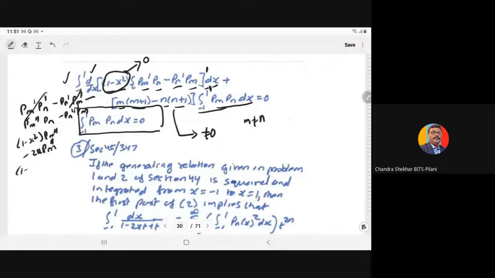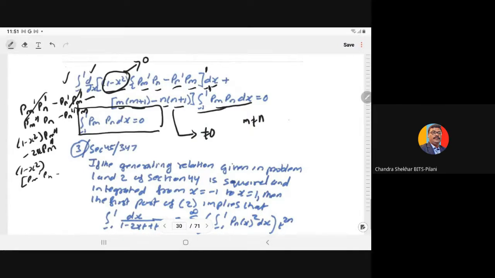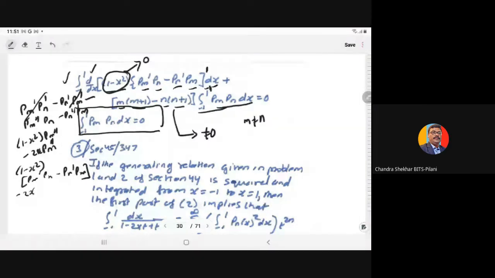It is (1 minus x square) into Pm dash Pn minus Pn dash Pm, and minus 2x comes if we repeat. One minute, that I want to cancel. (1 minus x square) Pm double dash, Pn double dash, Pm dash Pn dash.